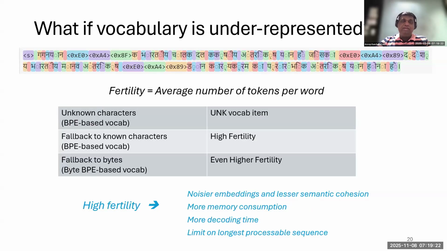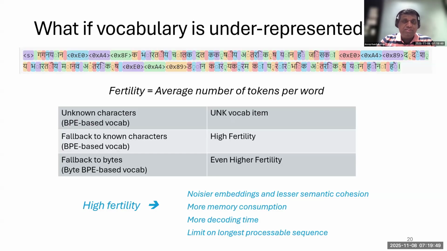What is the challenge when it comes to multilingual LLM tokenizers? What happens if the vocabulary is not well represented? This is an illustration of what can happen. This is a Hindi sentence tokenized with an LLM. You can see that in this case, the tokenizer almost breaks down the sentence into characters and sometimes even bytes.